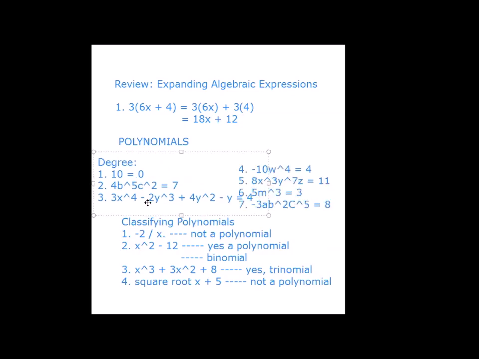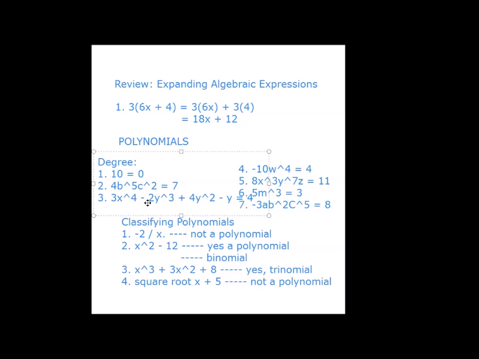Okay. Therefore, for today, we conclude that an expression is a polynomial if we don't have terms with variables in the denominator and no terms with variables under a radical sign.